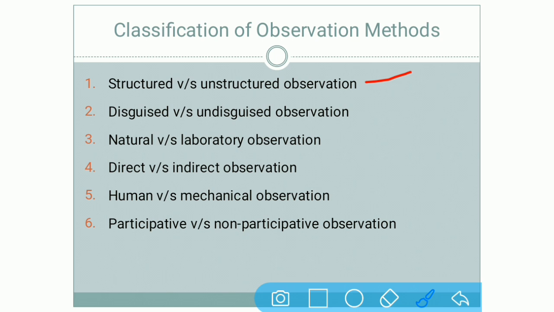Now, number 2, disguised versus undisguised observation. In case of disguised observation, the subjects don't know that they are being observed.